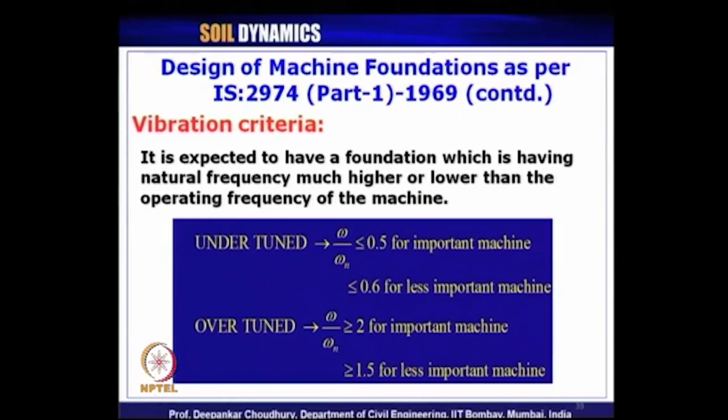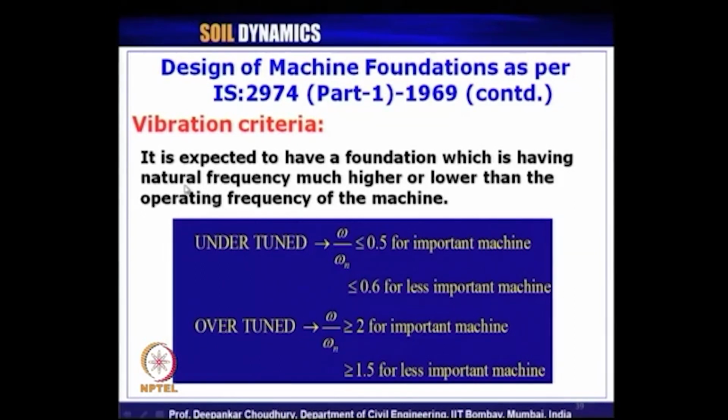The vibration criteria says it is expected to have a foundation with natural frequency either much higher or much lower than the operating frequency of the machine, which is well understood to avoid resonance. That is, no resonance condition, the first condition of the basic criteria for design of machine foundation.